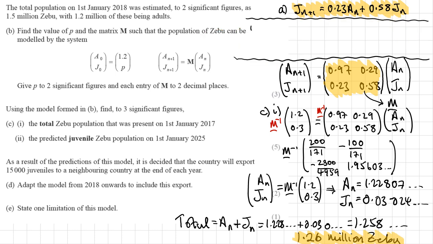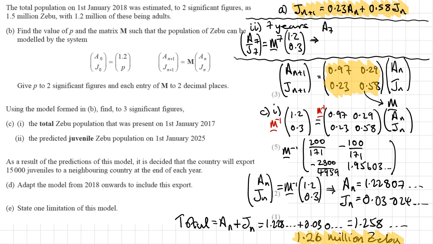Now for the second part of part C, it's asking about January 2025. So that's 7 years after 2018. So we want to find A_7, J_7, and that's going to be equal to this matrix M here multiplied by itself 7 times, so to the power of 7, and then that gets multiplied by this 1.2 and 0.3 initial population. Again, this is something we do on our calculator.